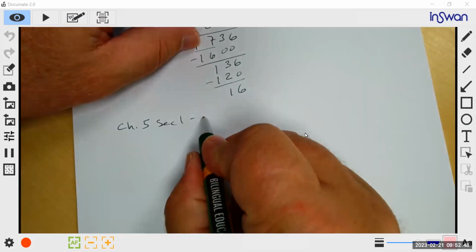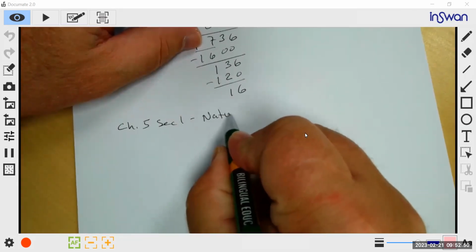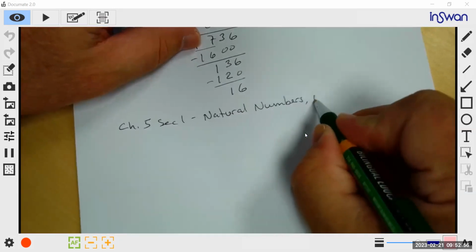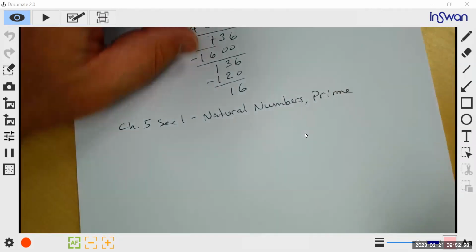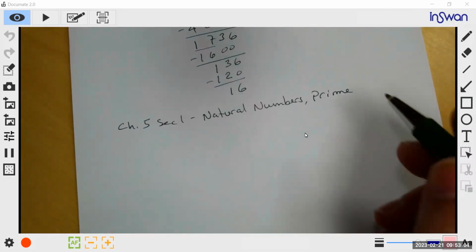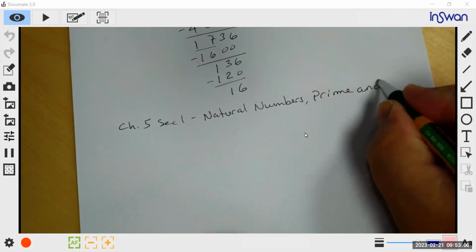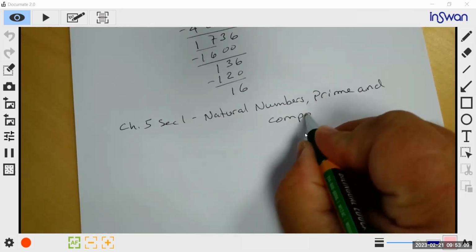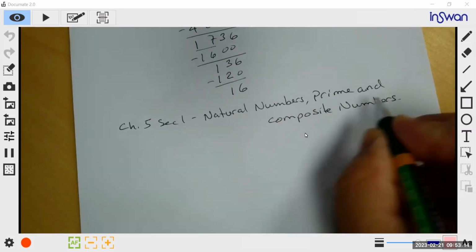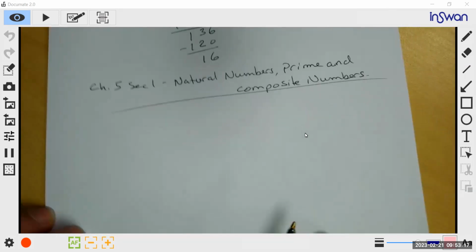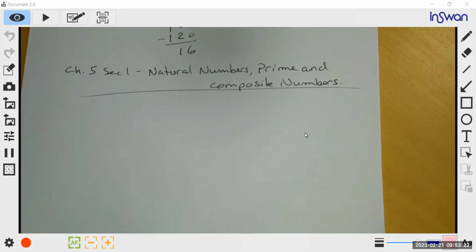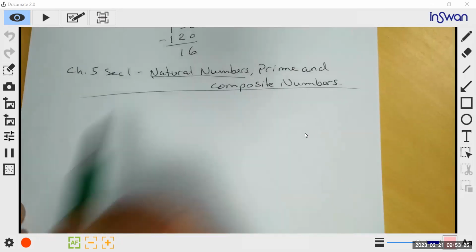And that deals with natural numbers, prime and composite numbers. So the first question I have to ask you, what is a natural number?